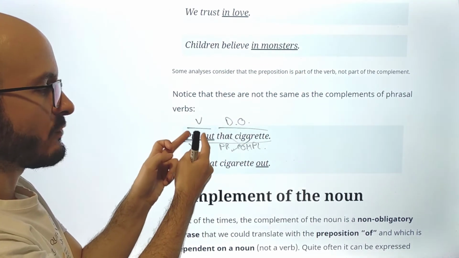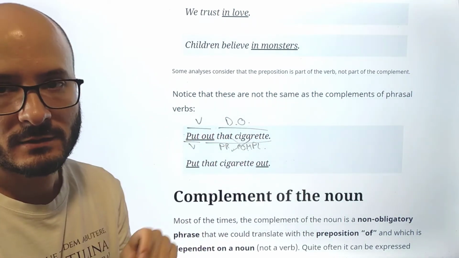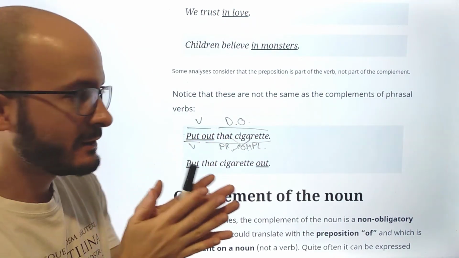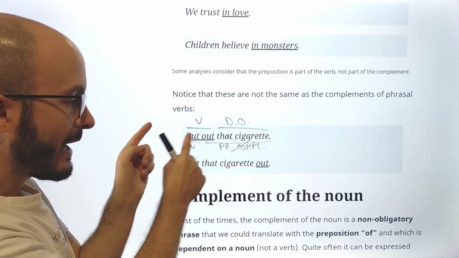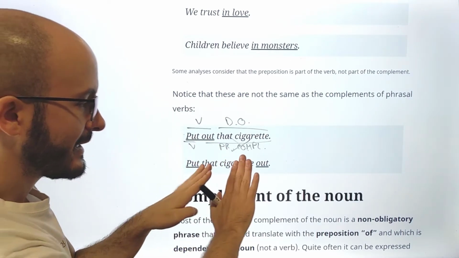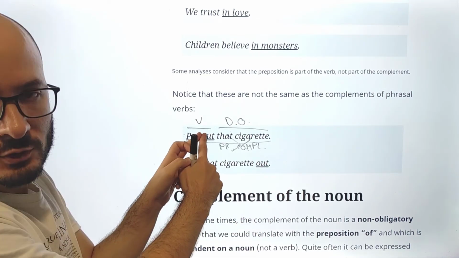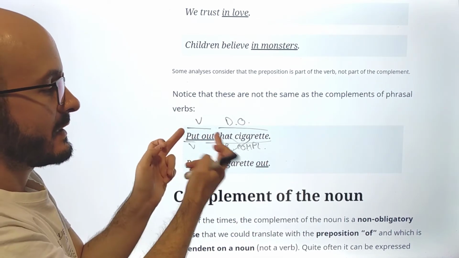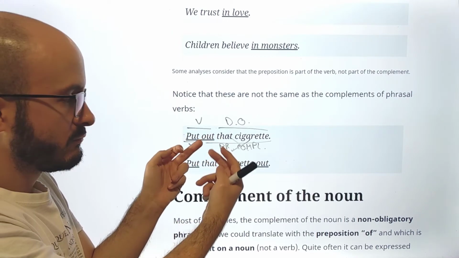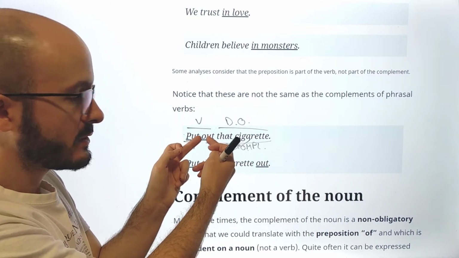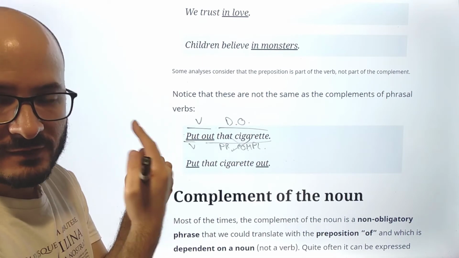And here, this is a phrasal verb with a direct object. So to make it clear, with a phrasal verb, the whole thing is a verb, and it can be separated or together. In that case, we consider both words to be one verb, even if it's two words.